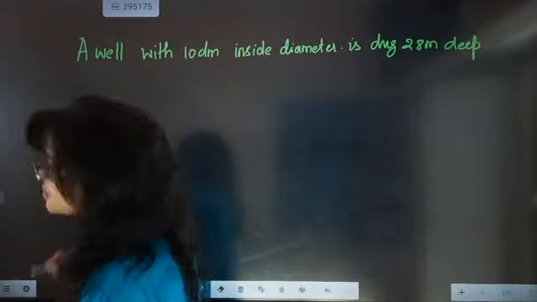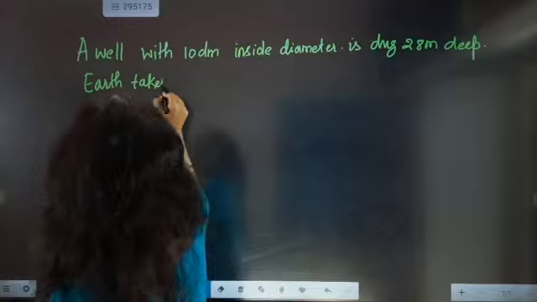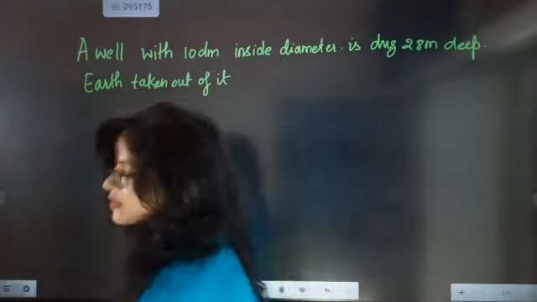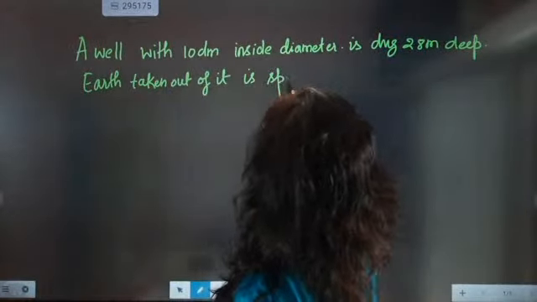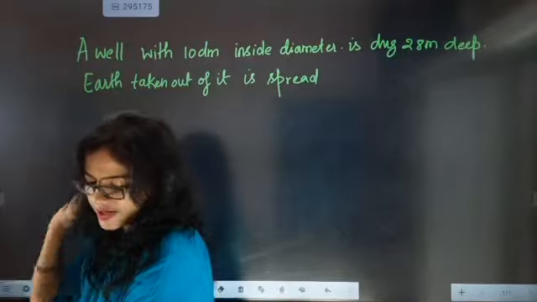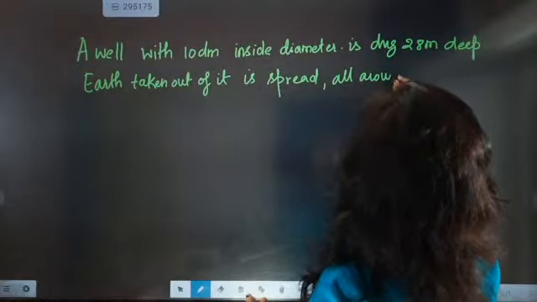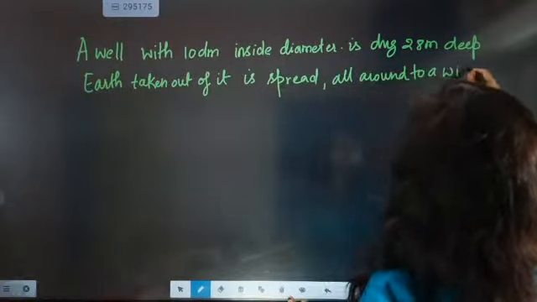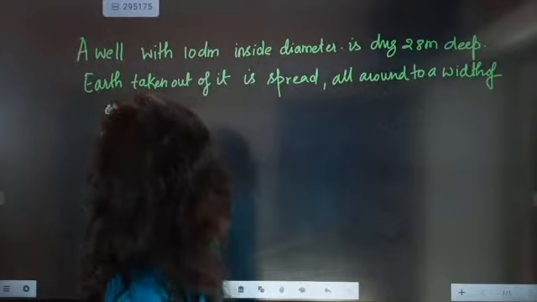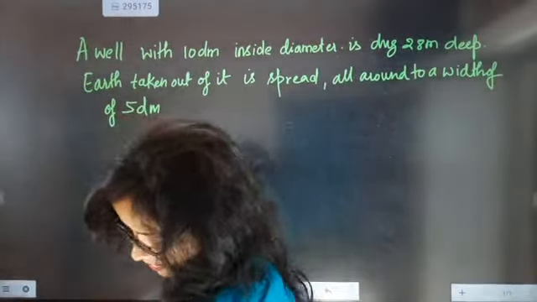Earth taken out of it is spread all around to a width of 5 dm to form an embankment.